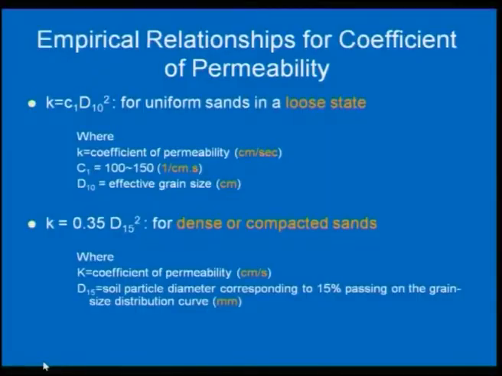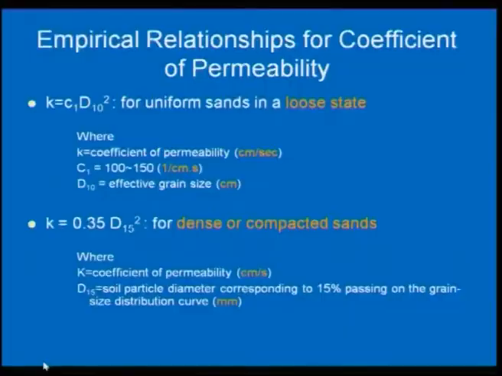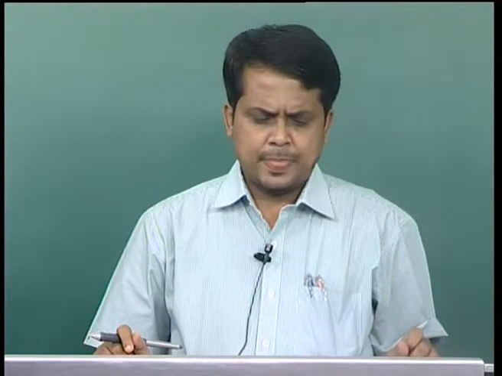Now, empirical relationship for coefficient of permeability: how to find it out empirically? If you know D10, that is the particle size such that 10% of the particles are finer than that size. D10 you can get from your sieve analysis.